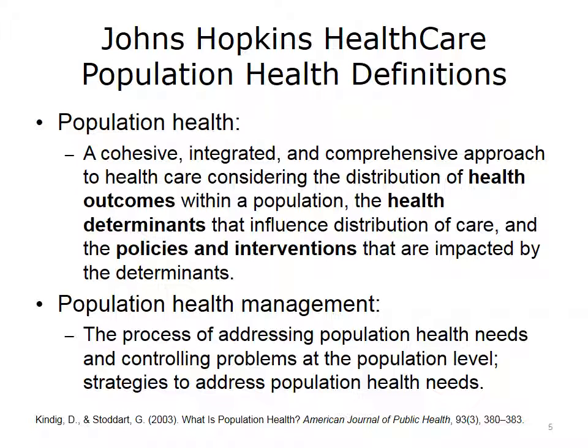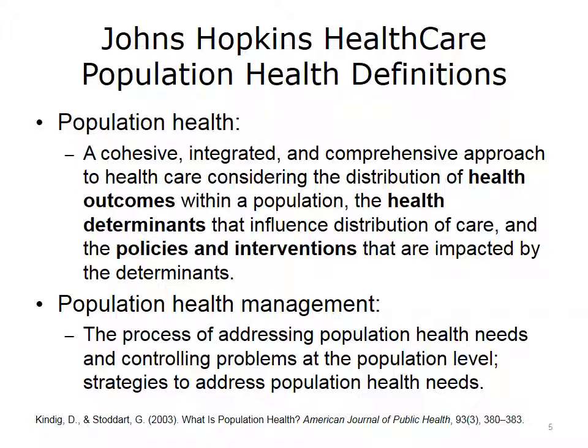Johns Hopkins Healthcare in Baltimore has several population health definitions, which are gleaned from population health definitions mentioned on previous slides. Population health is a cohesive, integrated, and comprehensive approach to healthcare that considers the distribution of health outcomes in the population, the health determinants that influence the distribution of care, and the policies and interventions that are impacted by the determinants.